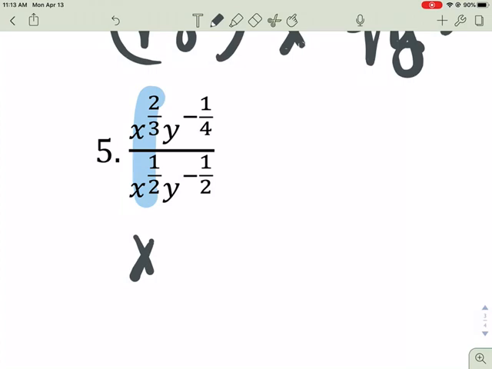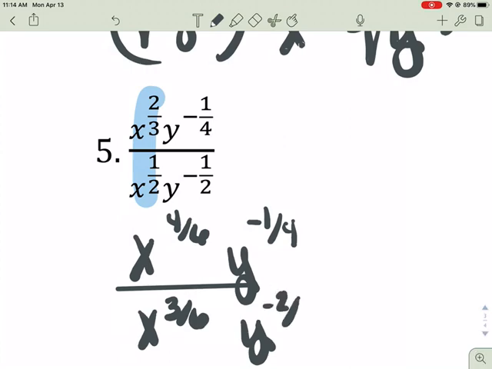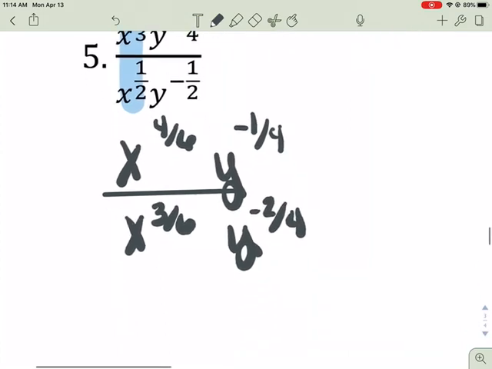So multiply by 2, so 4/6. And then the denominator, we're going to multiply by 3. So that's 3/6. And our y's, we're going to get 4 as our common denominator. I'm not going to do anything quite yet until I get my common denominator so I can subtract my exponents. So 4/6 minus 3/6 is x to the 1/6.